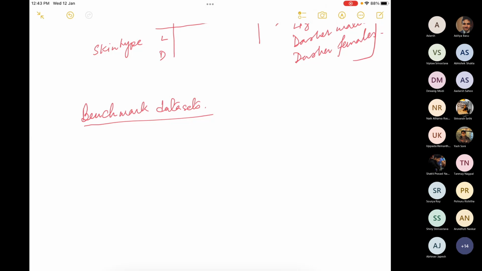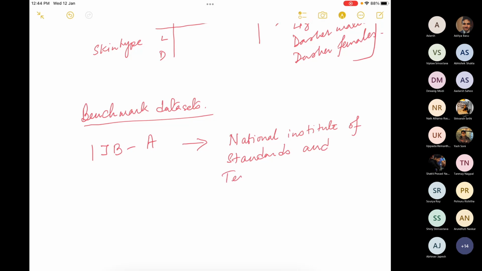One data set that they found very relevant was the IJB-A dataset released by the National Institute of Standards and Technology, or NIST. Now, why was this dataset significant?